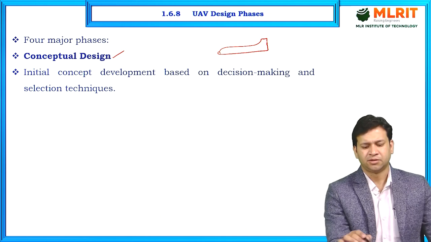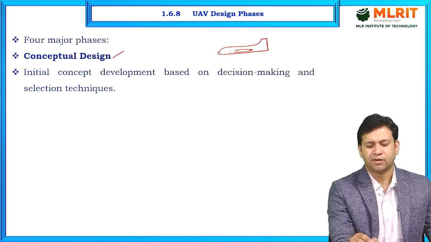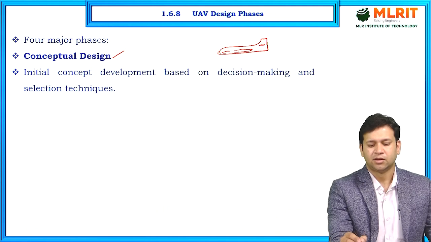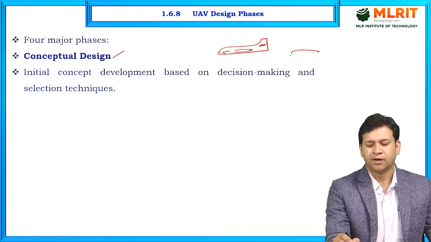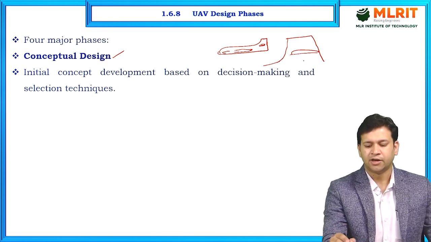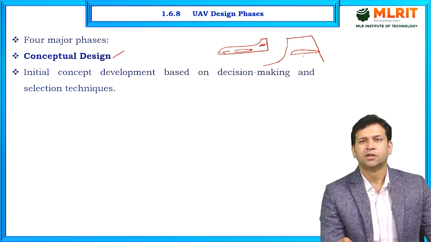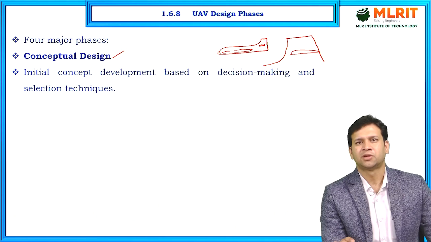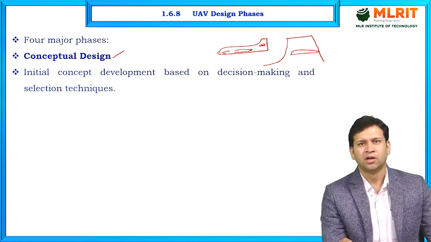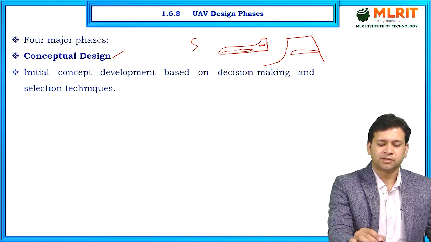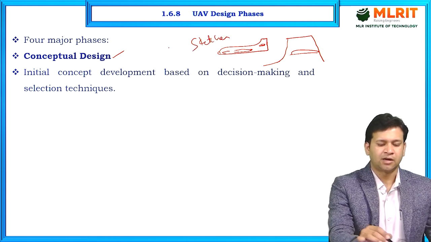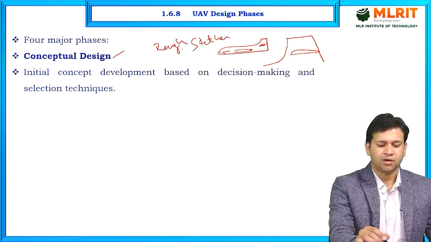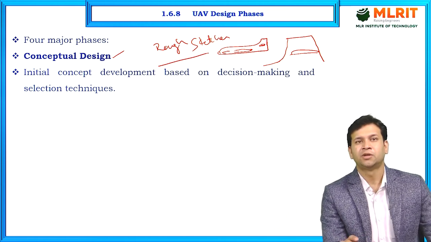It will have a wing, it will have a canard, it will have a conventional tail, and it will have an elevator here, right? So this will give you a rough sketch of how it looks like. It will give you the thought process, like this is the design and this is what it is going to look like. These sketches are rough sketches to just give the idea of the concept.